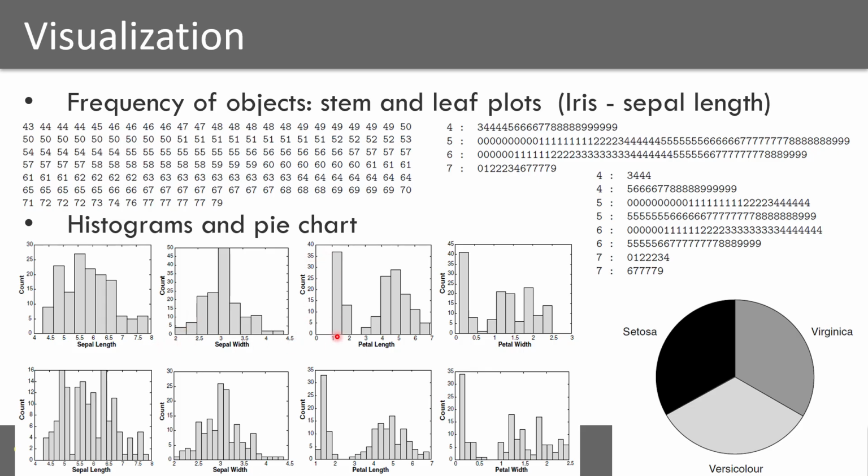There are petal lengths of approximately 10 millimeters or 1 centimeter, a lot of them, and then there is another set roughly between 4 and 5, let's say. And then there is the petal width, which again seems to have some kind of bimodal distribution.